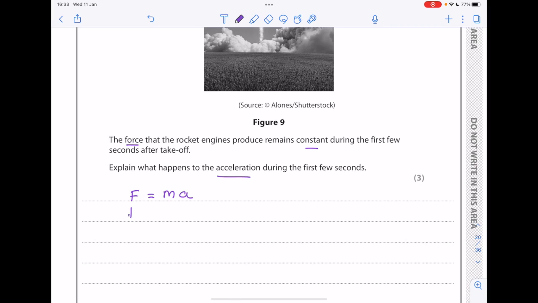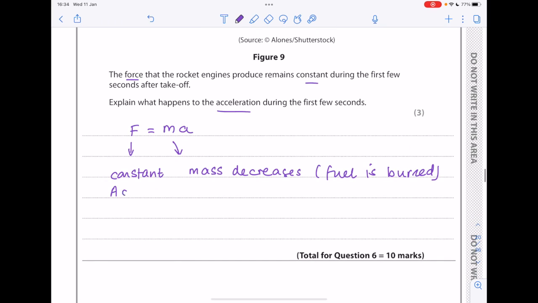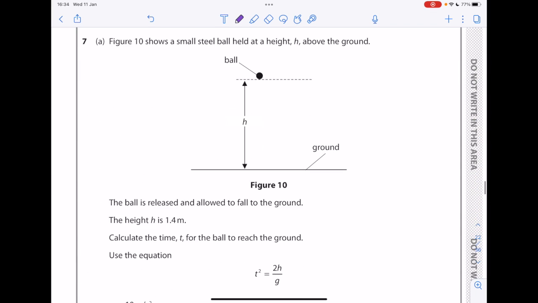So if the force stays constant, we know that as it takes off, the mass decreases. Why? Because fuel is being burnt off. And so therefore, to make it true that the force remains constant, the value of acceleration must have increased. Always use equations to back up your answer.